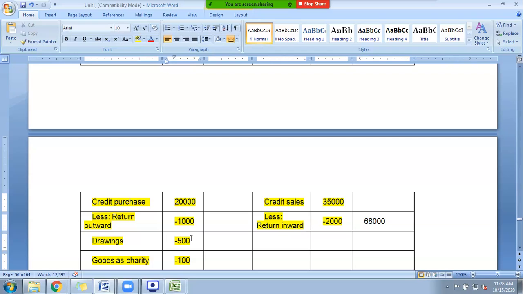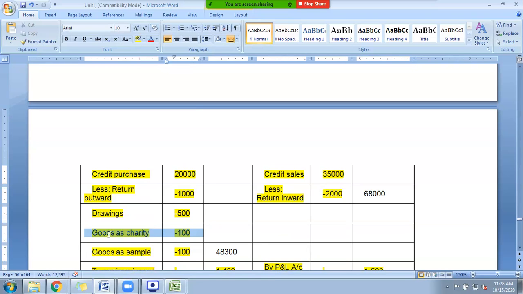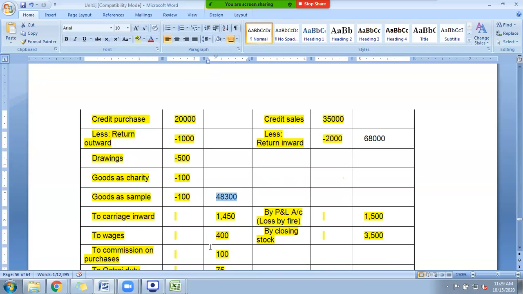Drawings in the form of goods. And you give some goods to old age home or any charity. That is minus 100. Goods as sample. You send sample to your customers. That is again deductible. So the net purchases is 48,300.